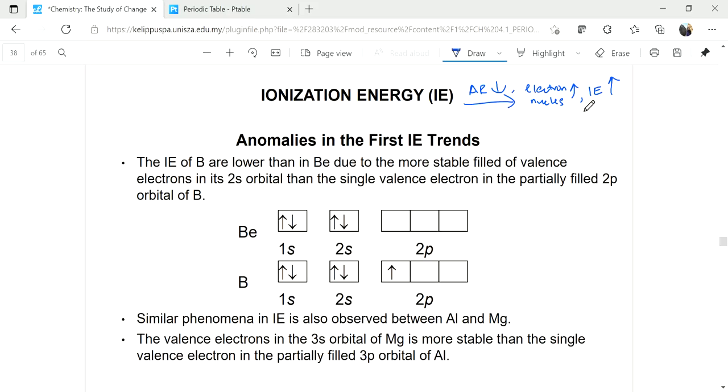However, there are anomalies, and the anomaly happens in boron and beryllium.